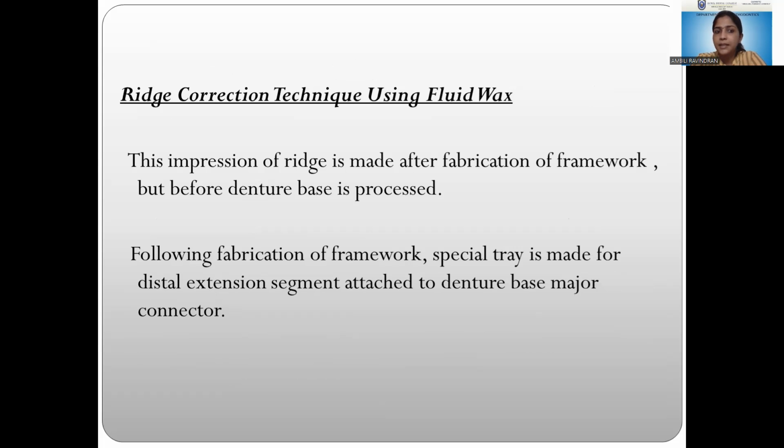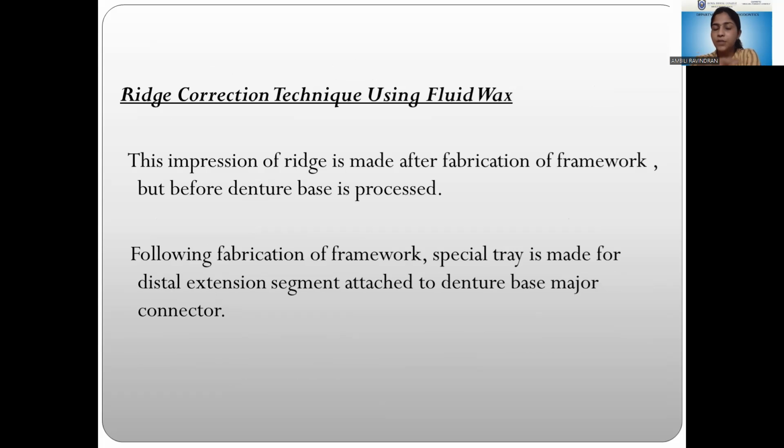Next method is the ridge correction technique using fluid wax. In this technique, we make the impression after fabrication of the metal framework, but before fabrication of the denture base.